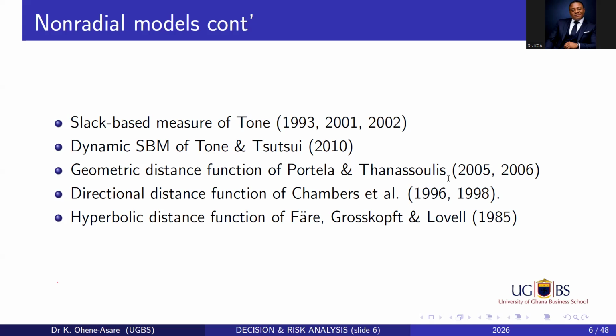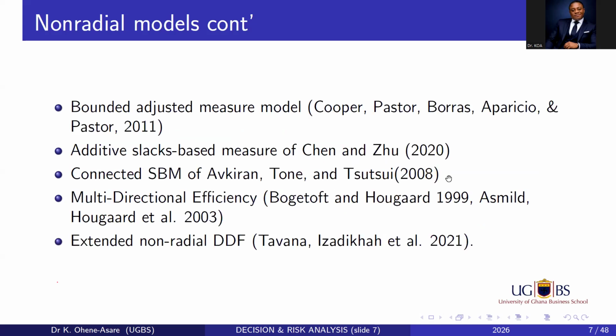We are not done. Also, the bounded adjusted measure of Cooper et al. The additive slack-based measure of Sheng and Zhu. The connected SBM of Avkiran, Tone, and Tsutsui. The multi-directional efficiency analysis of Bogetoft and Hougaard and Asmild, and the extended non-radial directional distance function of Tavana et al.